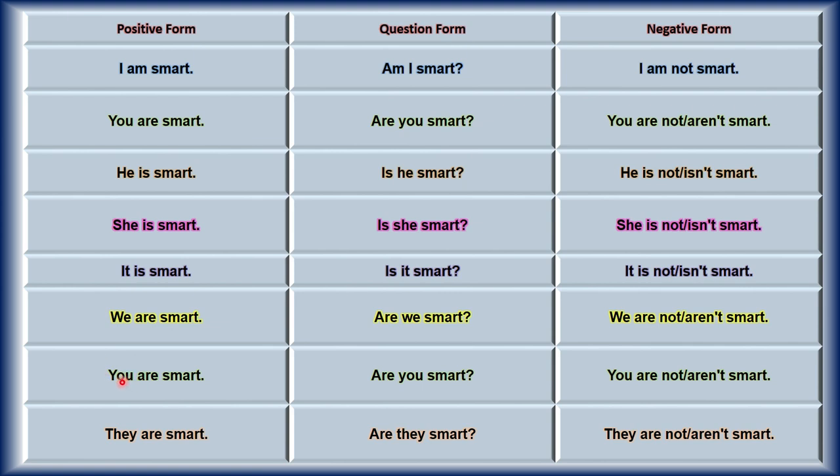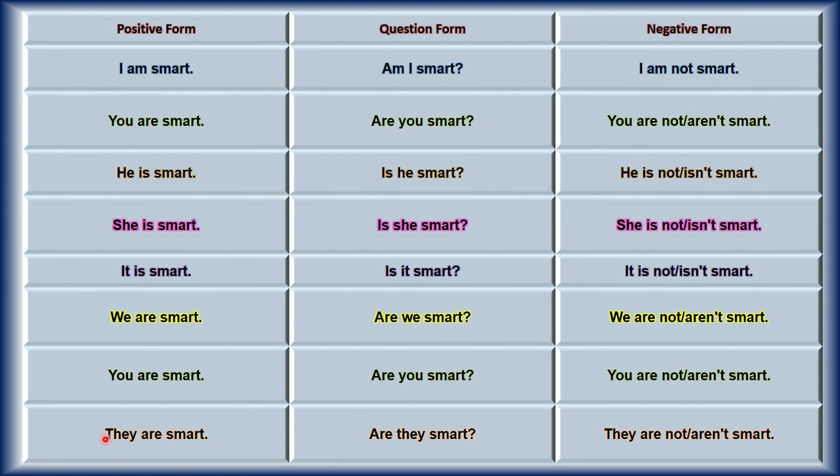Here, don't forget this exception. Both they use are. You are smart. Question. Are you smart? Negative form. You are not smart. You aren't smart. Finally, in positive form, they.